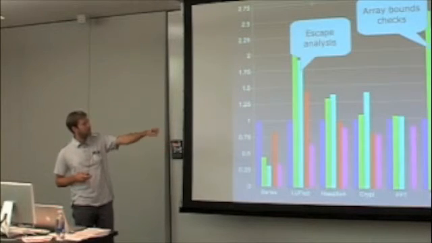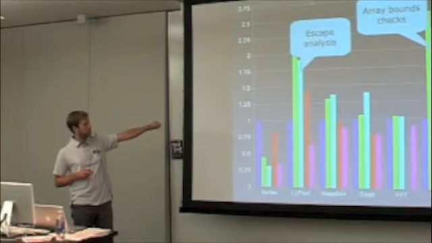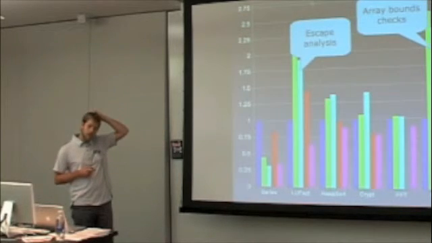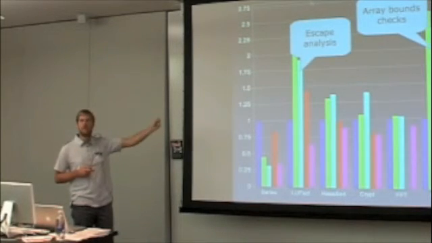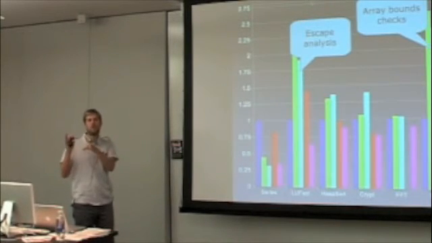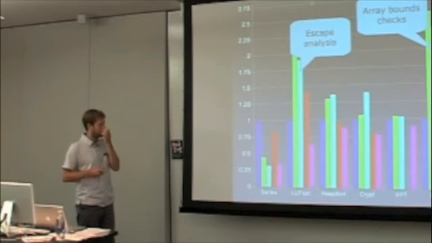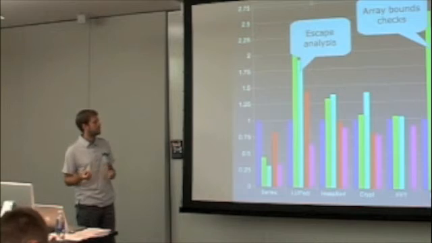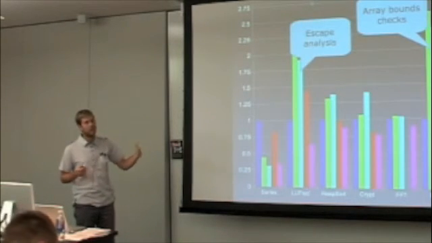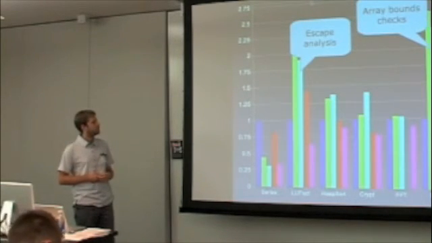For the LUFACT and SOR benchmarks, with LUFACT we have worse performance because in LLVM there's no escape analysis. In escape analysis, instead of allocating your objects on the heap, you allocate them on the stack. So you don't need to lock your memory allocator and allocate the object. You allocate on the stack, and you get better performance.